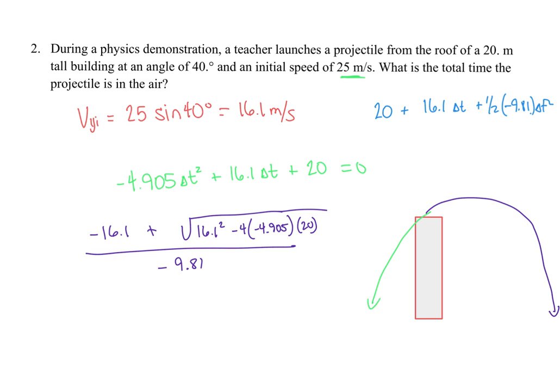Since I'm dividing by a negative, I'm actually always going to use, for these problems, a minus there. Because I want the farthest away. I want to know when it hit the ground. And so negative 16 minus a number is going to be a bigger, quote unquote, further away, larger absolute value on top, divided by 9.